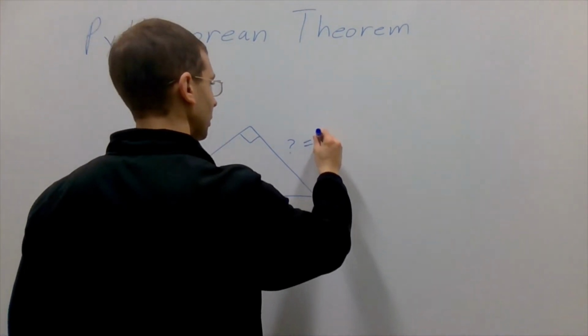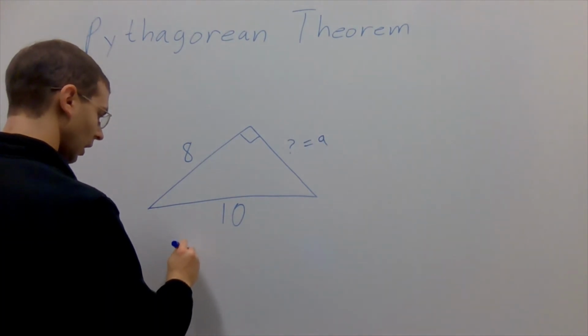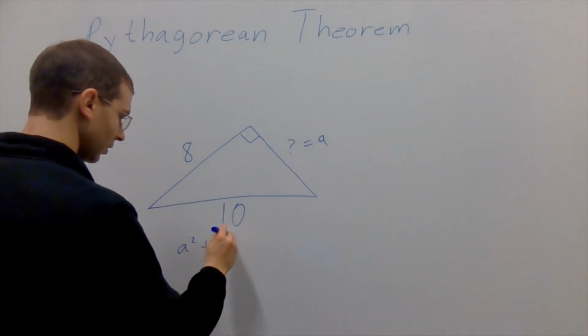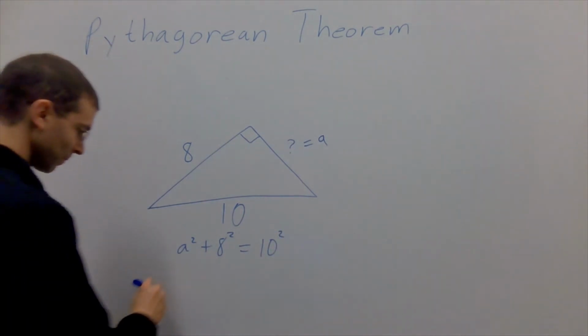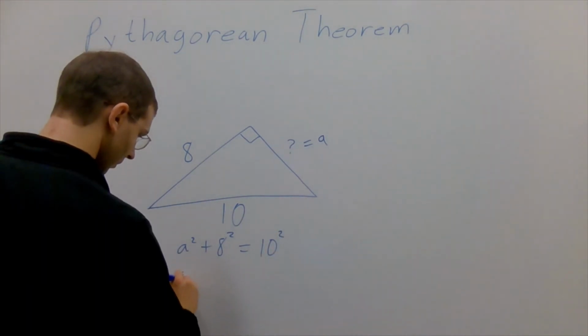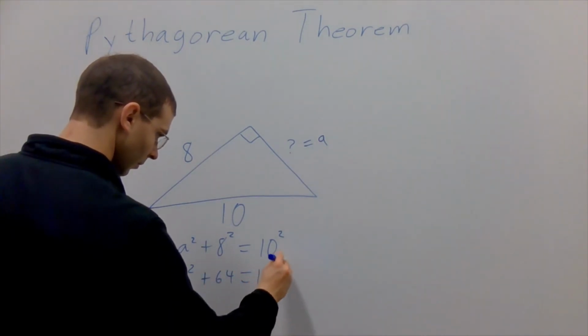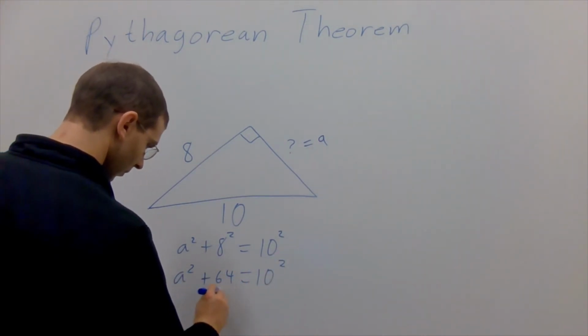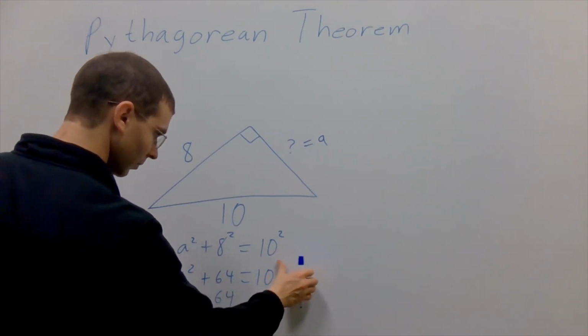So let's name it and apply the Pythagorean theorem. So a squared plus 8 squared equals 10 squared. And solve as usual.